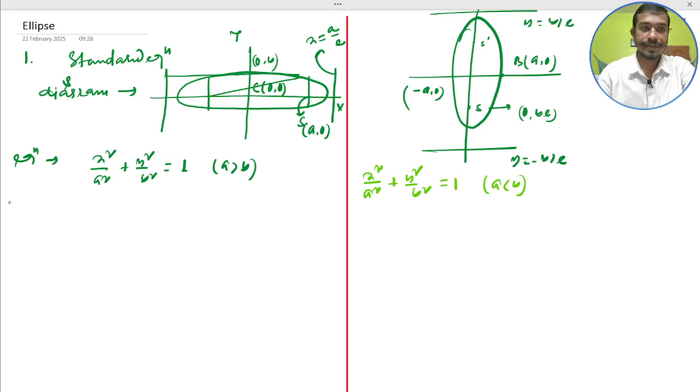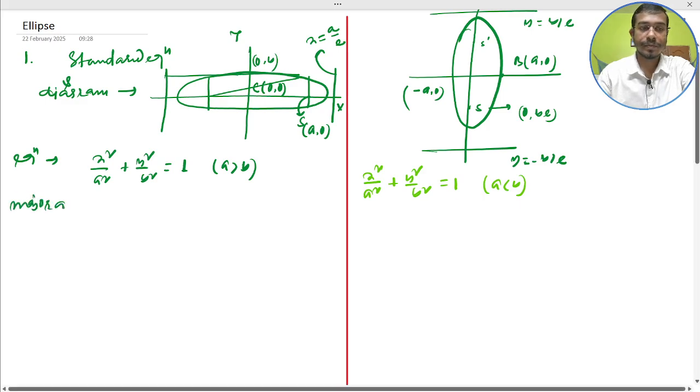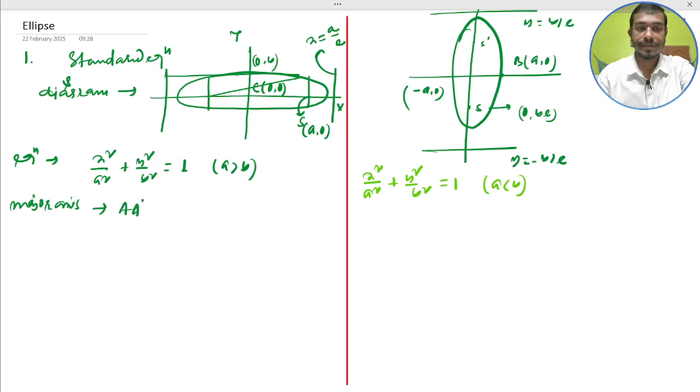Next, the major axis. Here A A' is the major axis, perpendicular to the y axis, and the length is 2a, because here a is (a, 0) and here the minus is (minus a, 0), so total is 2a.